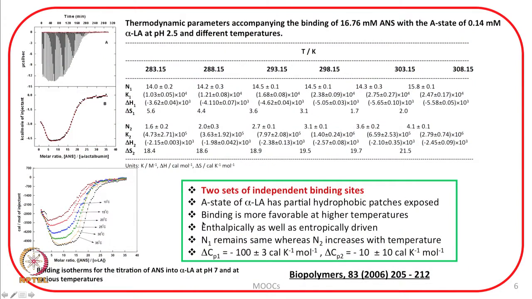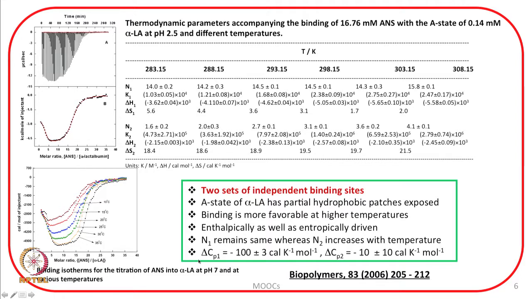The other observation seen in this data is that binding is more favorable at higher temperature, because the K value is increasing with increase in temperature. And then there is information on the number of moles of ANS binding with the protein.